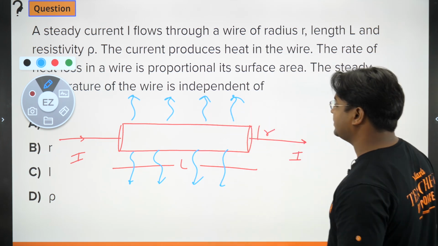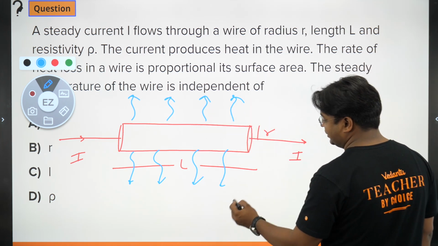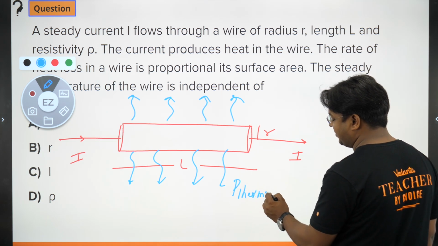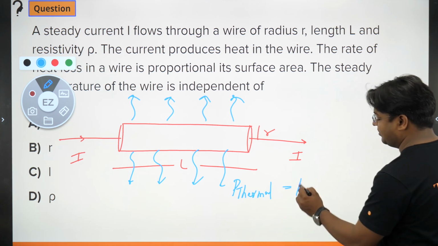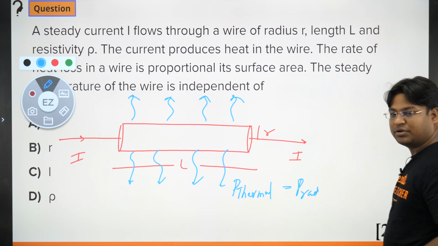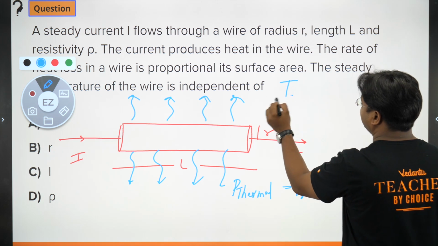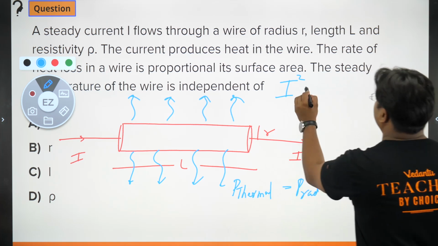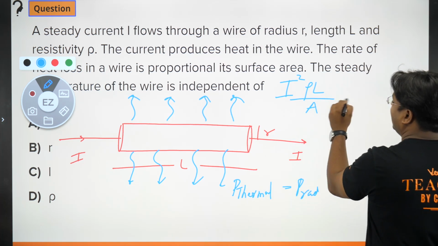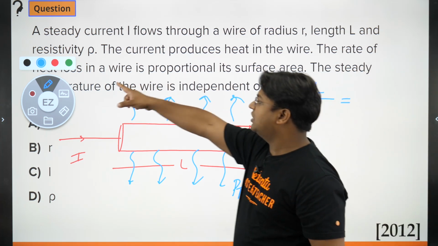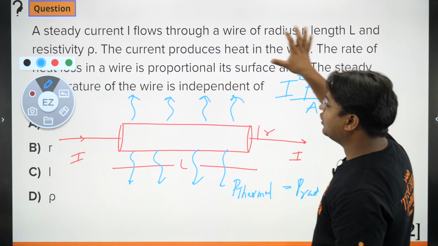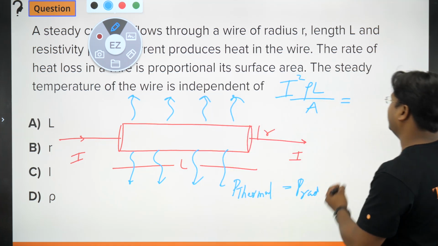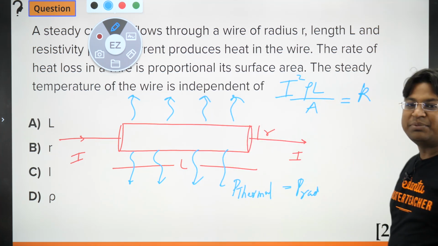So steady temperature will be attained under the condition that thermal power generated should be same as the radiated power. Now P thermal can be written as I square R. I is fixed, R can be written as rho L by A, and it is given that the rate of heat loss is proportional to the surface area. So I can say some constant multiplied by the surface area.